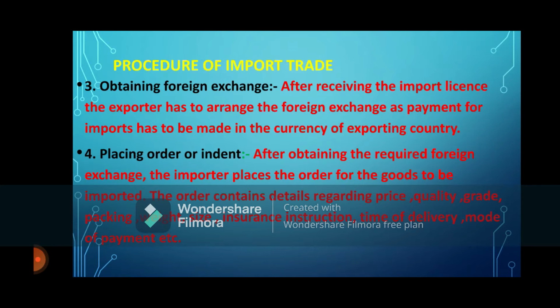Fourth step, placing order or indent. After obtaining the required foreign exchange, the importer places the order for the goods to be imported. The order contains details regarding price, quality, grade, package, weight, insurance, date of delivery, mode of payment and so on.